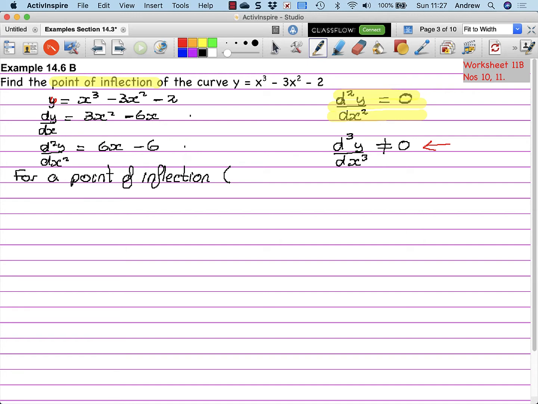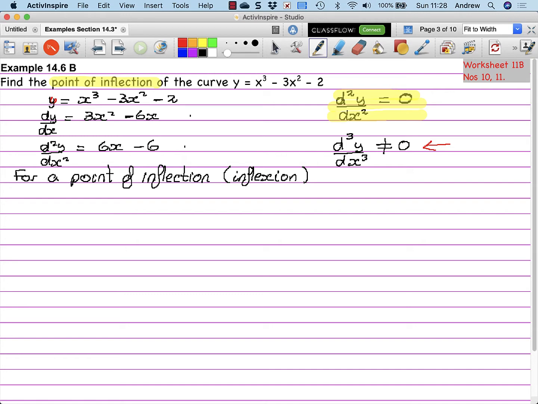There is another way of pronouncing it, and inflection can also be written as inflexion, just in case you come across that word and wonder what it means. Inflection is the same as inflexion, so just be aware of that for future.